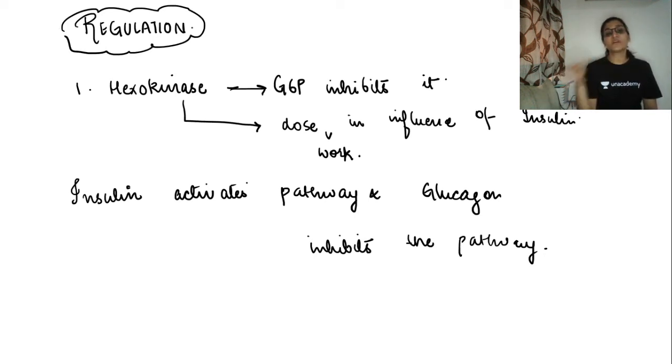It is going to convert the glucose into energy. So insulin is going to activate the pathway. It will want the pathway to work. But glucagon will not want this pathway to work. It will not lead to a decrease of the glucose level of the body. So insulin activates the pathway, and glucagon inhibits the pathway.